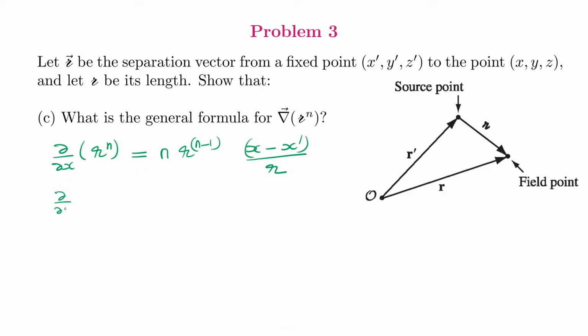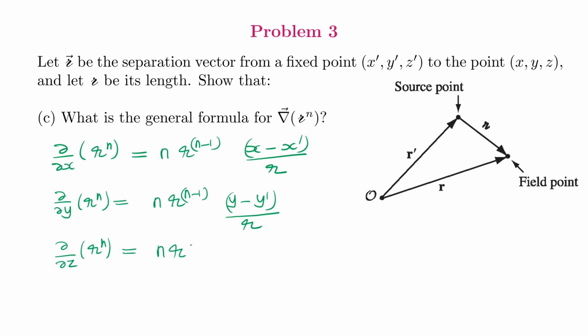Similarly, del by del y of r power n is equal to n r^(n minus 1) times (y minus y') divided by r, and del by del z of r power n is equal to n r^(n minus 1) times (z minus z') divided by r.